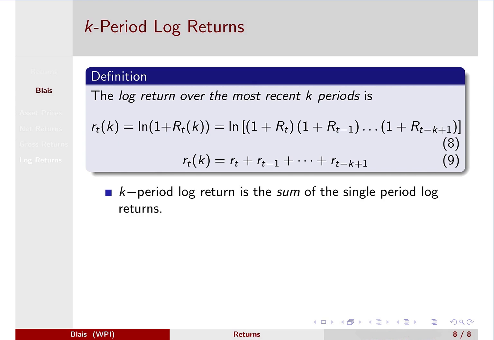So in here, it's important to note this is the K-period gross return. We take the log of that, but recall that the K-period gross return was the product of the single period gross returns. And so we make that substitution here.